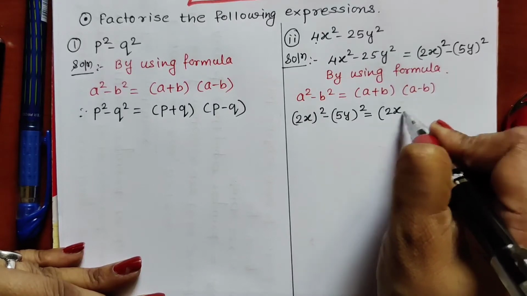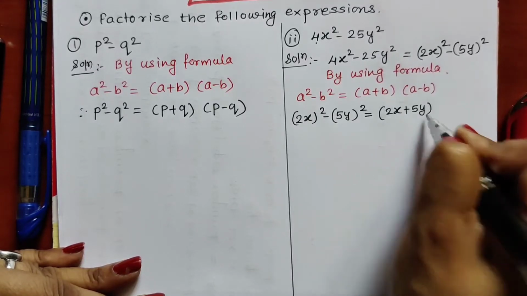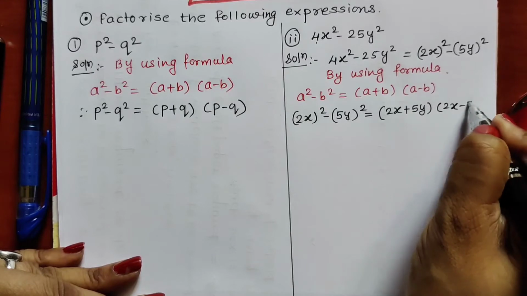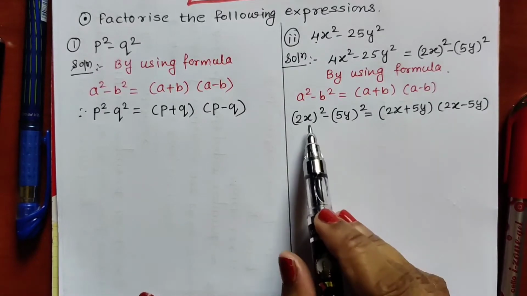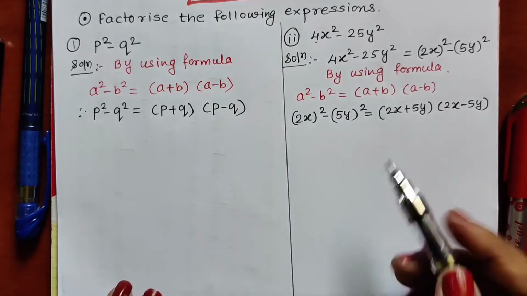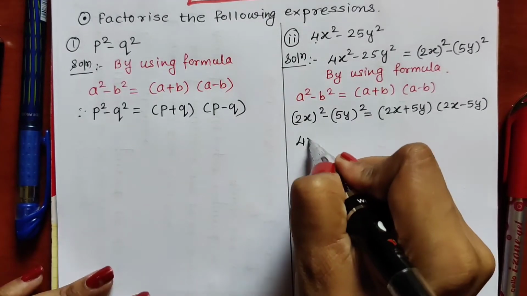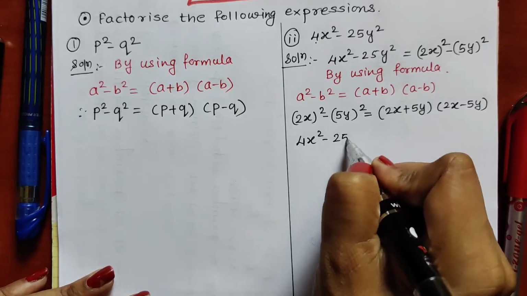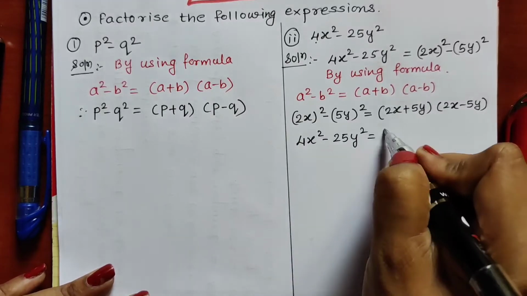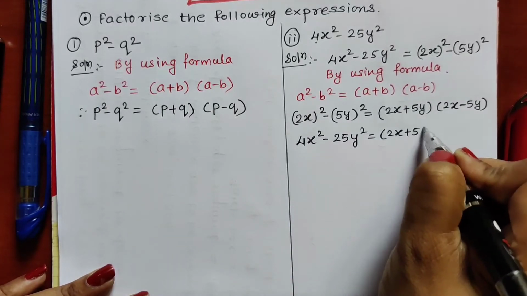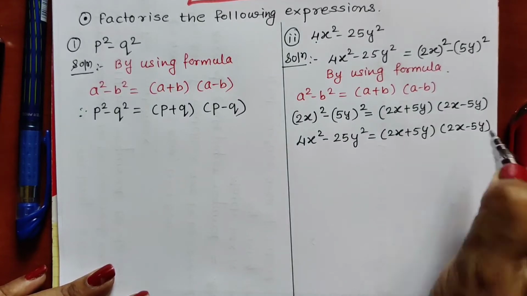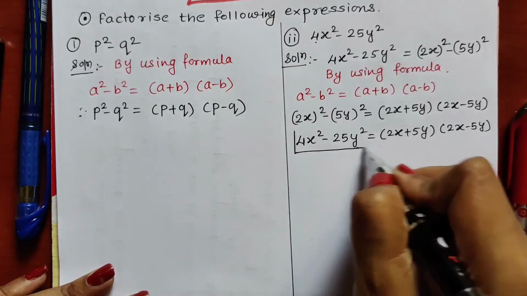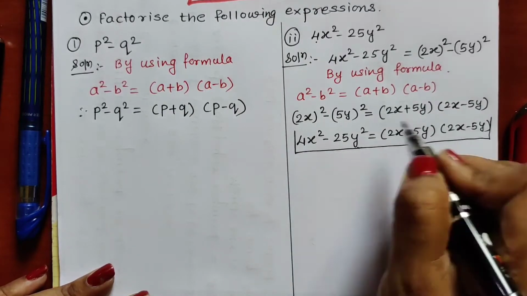So (2x plus 5y) and (2x minus 5y). In this way we can factorize 4x square minus 25y square. Therefore the factors of 4x square minus 25y square are (2x plus 5y) and (2x minus 5y). In this way you have to convert properly so the formulas can be applied.